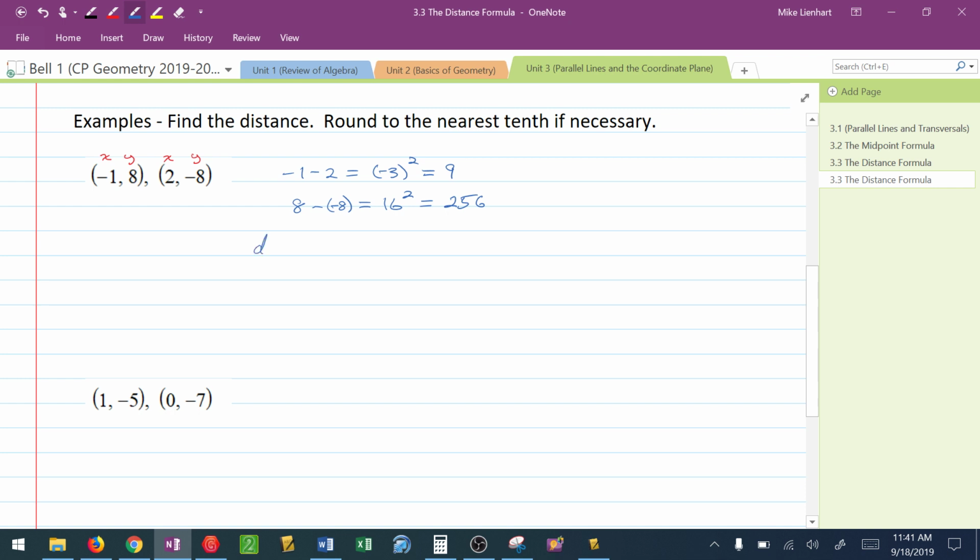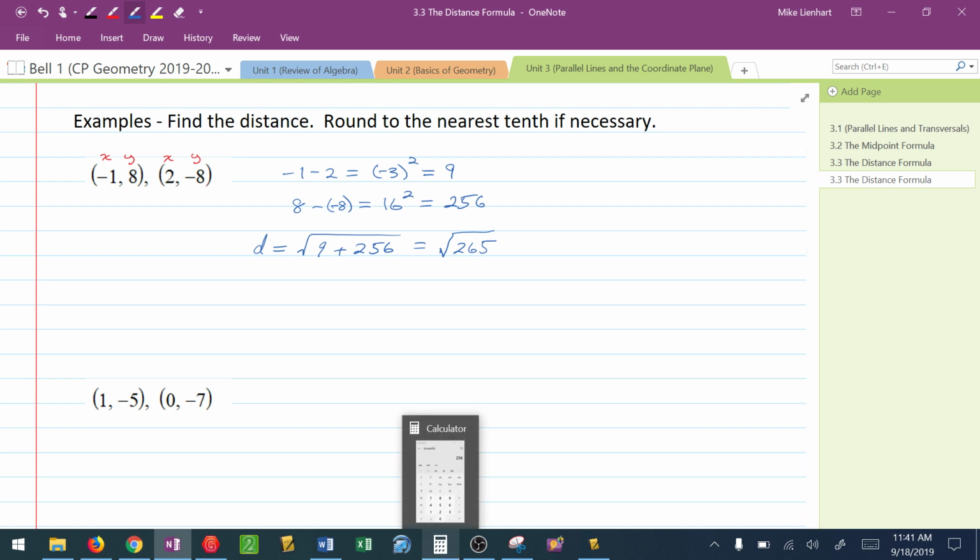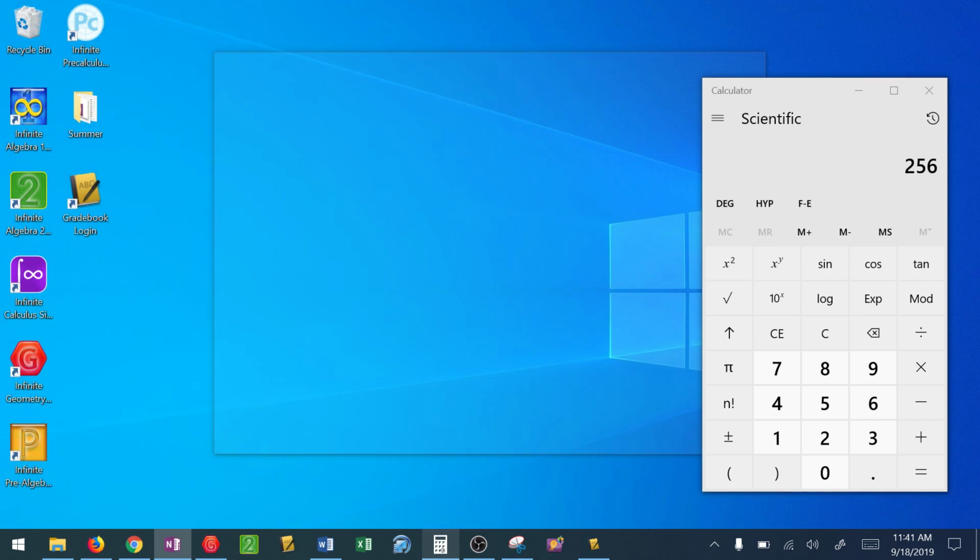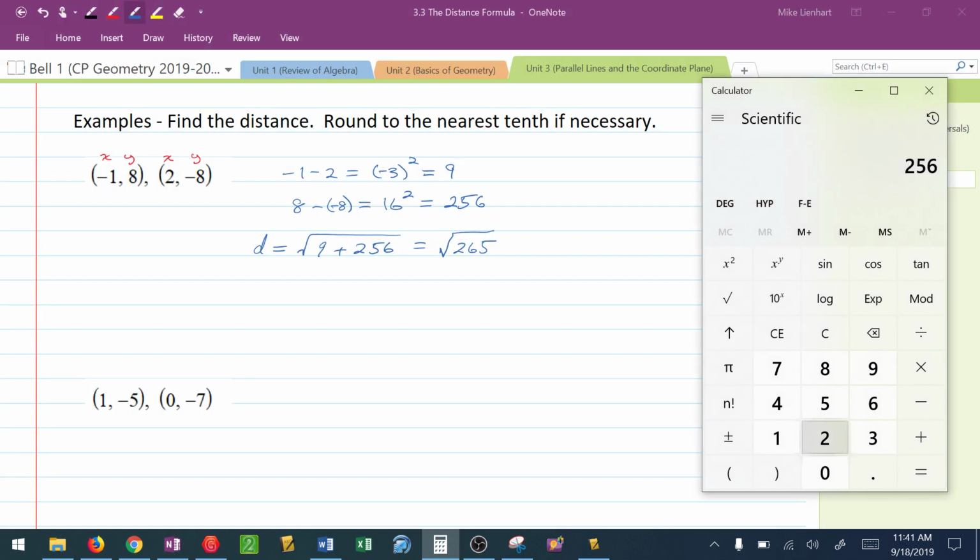I know that my distance is equal to the square root of 9 plus 256, which would be the square root of 265. Now, I can't find the square root of 265, or it's not perfect, so I'm going to go to my calculator here and type in 265 and take its square root.